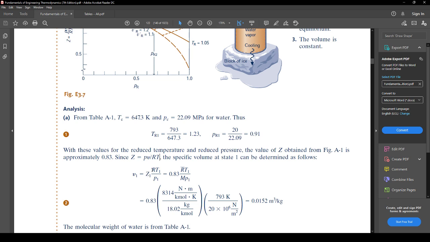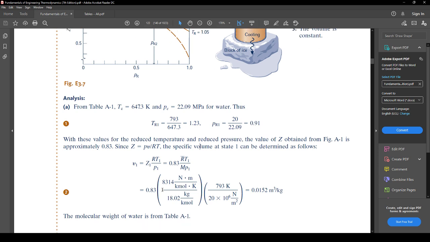So z times R times T1 over P1, and you get 0.83 times R T1. And then remember, because we want it per mass, we have to divide by the molecular mass of water, which is 18, which is why I grabbed it at the very beginning. And so this right here is the units check. So 0.83 has no units because z is the compressibility factor, no units. All right.